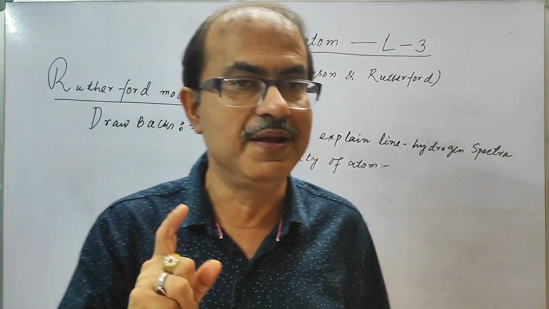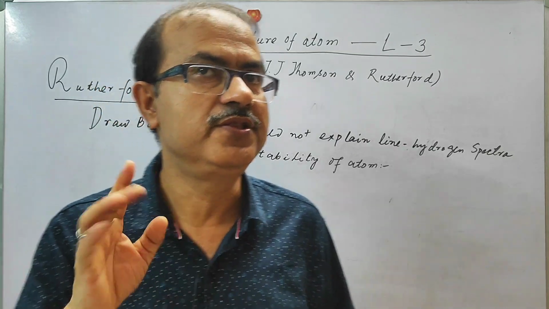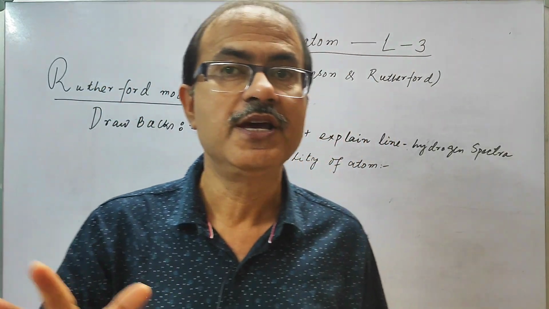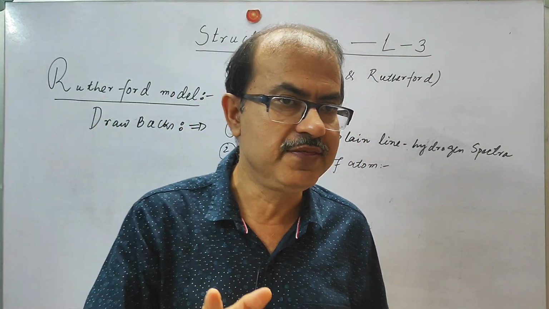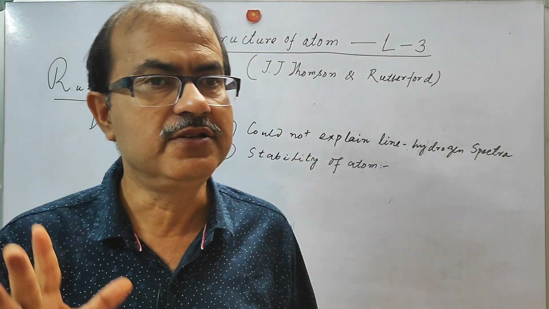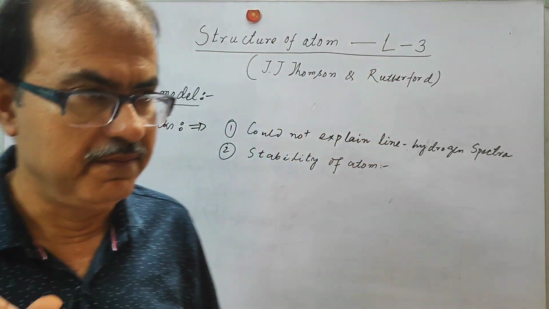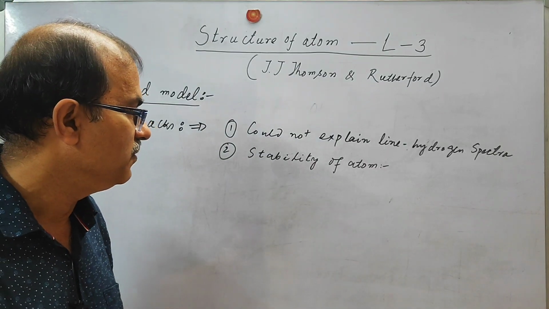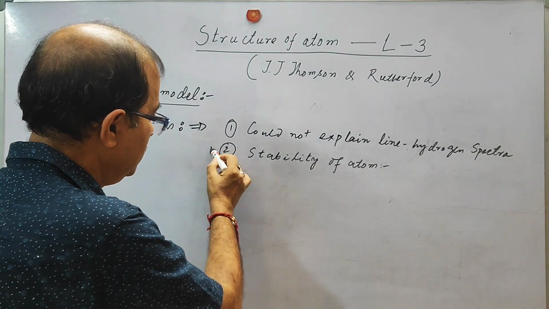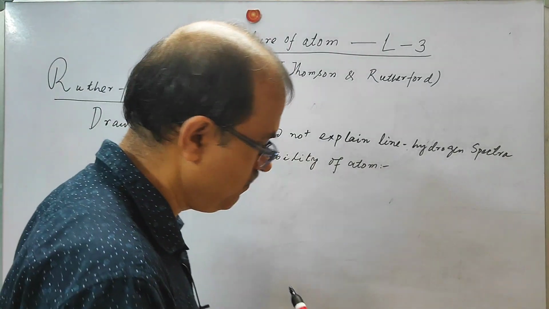The atom would not be stable if we go with his statement, because of Maxwell's electromagnetic theory. So in this fashion, Rutherford's theory is not able to explain the stability of the atom.